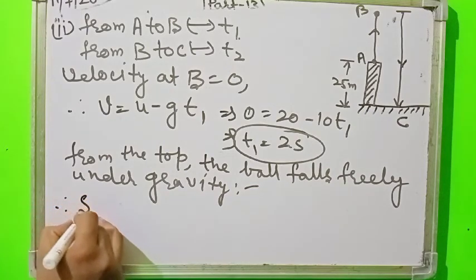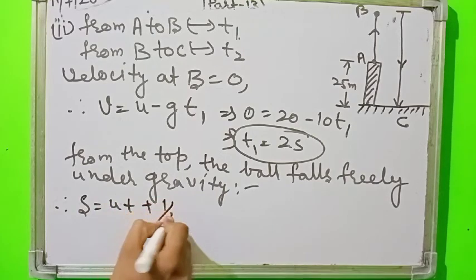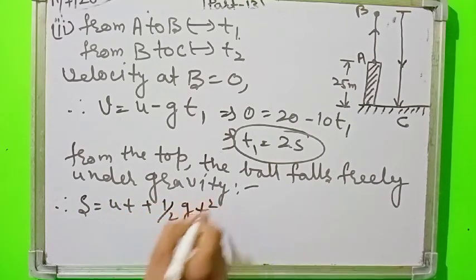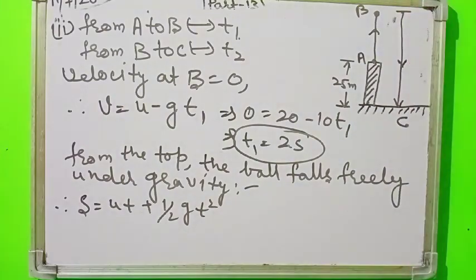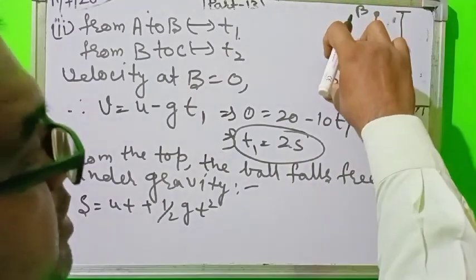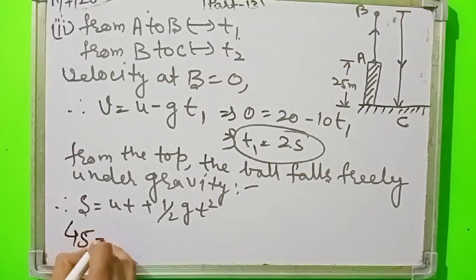Hence, s is equal to ut plus half gt square. Total distance covered by the ball from here to here is equal to 20 meters plus 25 meters, that is equal to 45 meters.